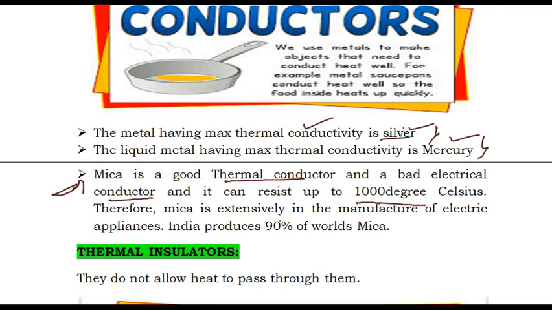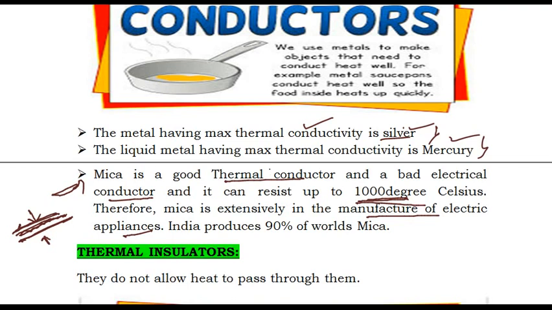That is the reason it is mostly used in the manufacture of electric appliances. In electric appliances, electricity should pass through. If this electricity produces heat and the material used cannot resist that heat, then there is a chance that the wire or the instrument passing the electricity may burn. So in order to prevent this burning, mica is used in electric appliances, because it can resist up to a maximum of 1000 degrees Celsius. You can imagine, 1000 degrees Celsius is huge.